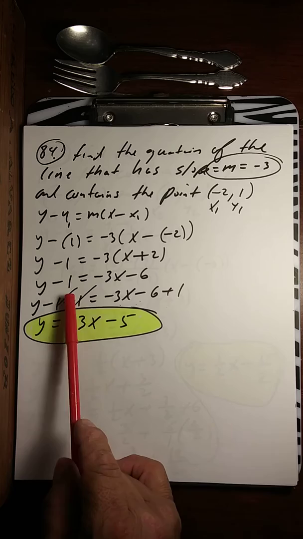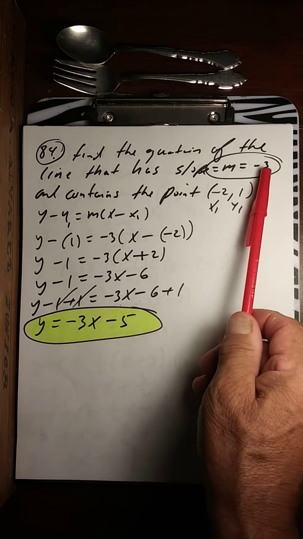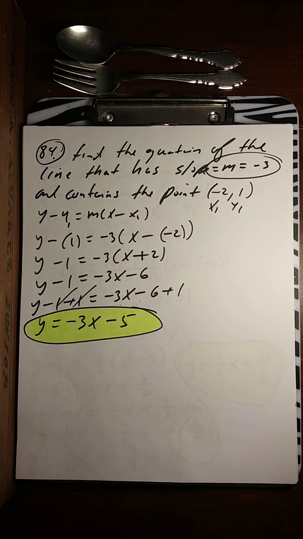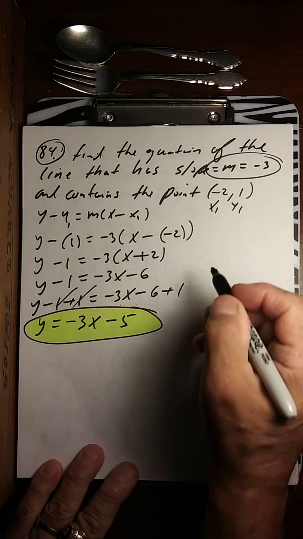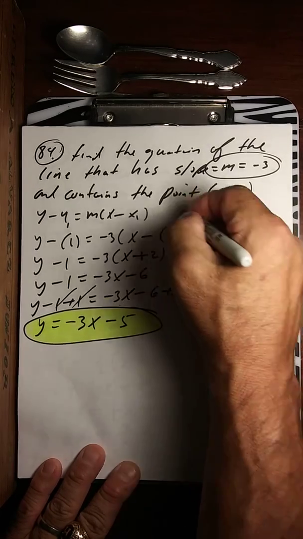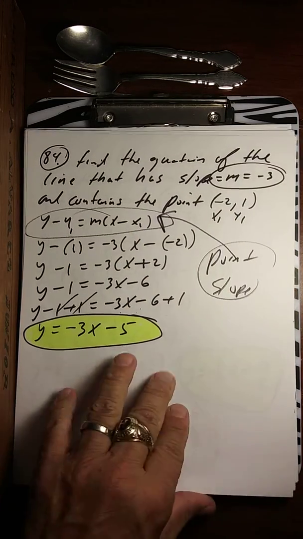So y equals negative 3x minus 5. So the equation of the line that has a slope and has the point (-2, 1) in there. And this is the point-slope formula. That's that right there.